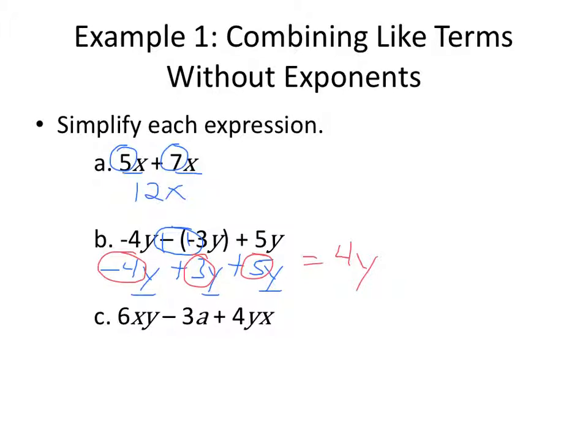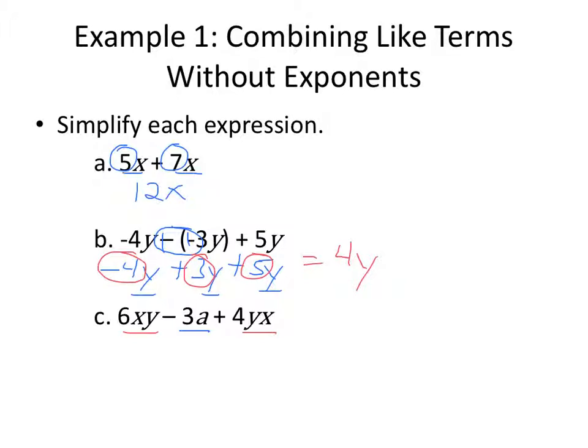With letter C, you have an xy term here. The second one is an a term, so that's totally different. It has different variables. But notice this third term. With the first term you had x and y. This one you have a y and x. Now those are the same because when you multiply, it doesn't matter what order you multiply things in, according to the commutative property of multiplication.